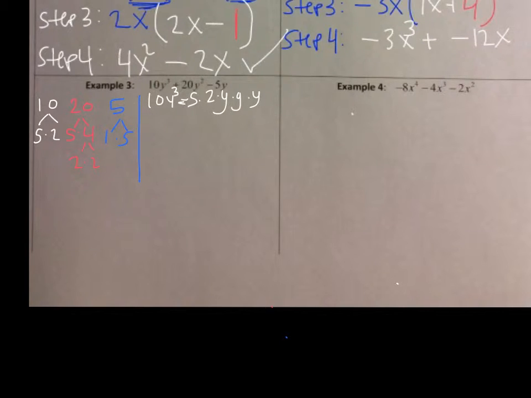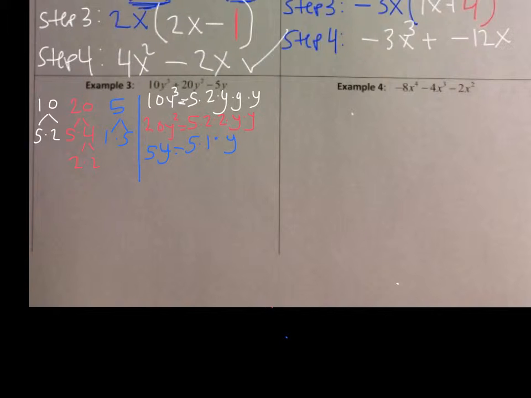The next term, 20y squared, we're going to end up having 5 times 2 times 2 times y times y. And then the last term, 5y, we'll have 5 times 1 times y.